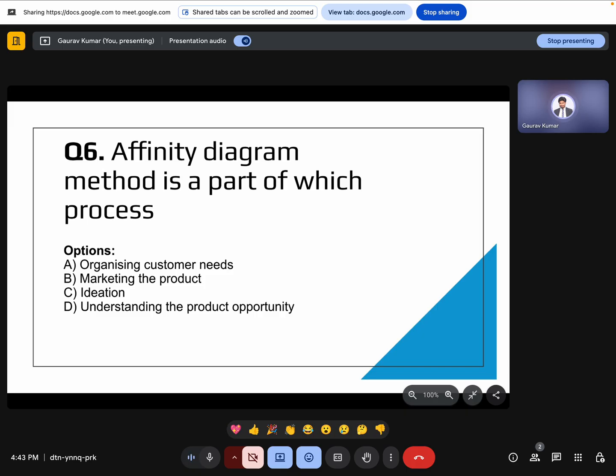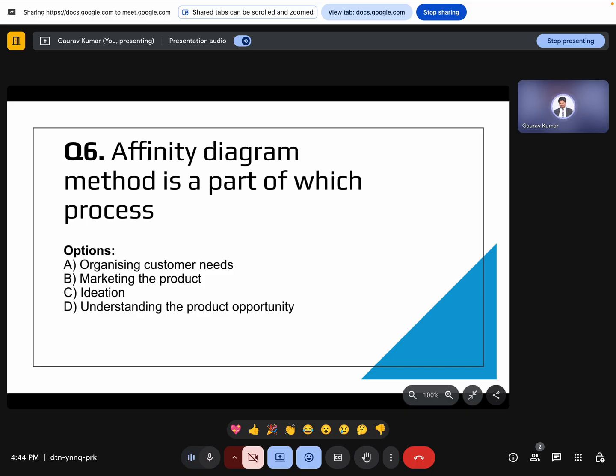Designers use them to cluster raw needs into logical groups so that the team can identify common themes like safety, comfort, or cost. So the correct answer is organizing customer needs, because affinity diagrams are a tool specifically meant to make a large set of raw input manageable and understandable.